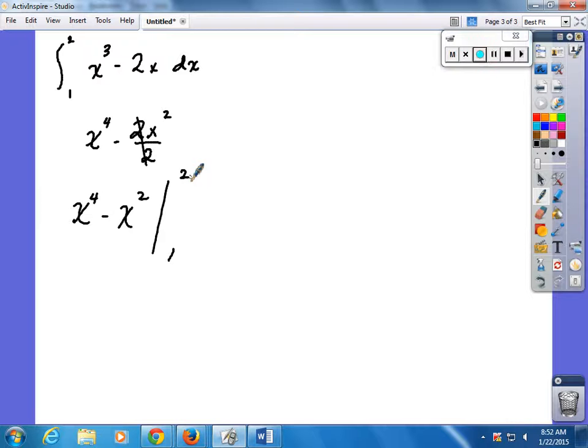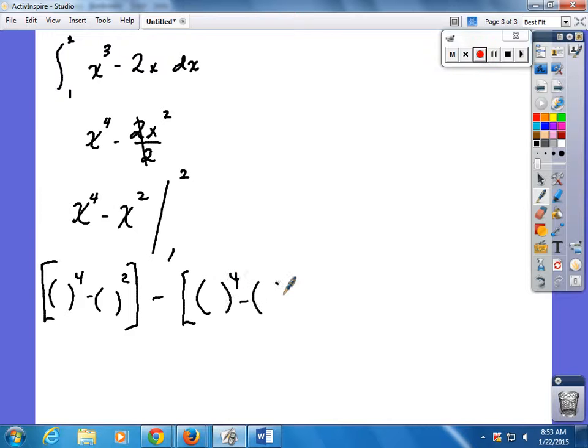So that would be parentheses to the 4th minus parentheses squared, brackets, minus parentheses to the 4th minus parentheses squared, brackets. And 2's go here, and 1's go here. And 2 to the 4th is what, 16? Minus 4 is 12.